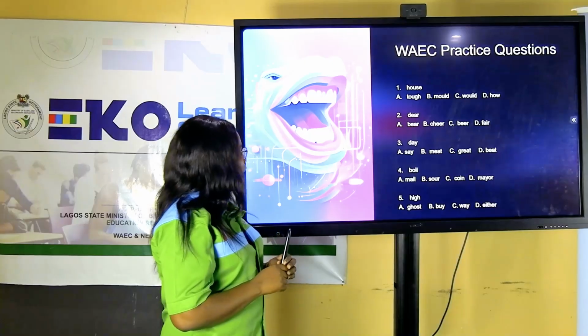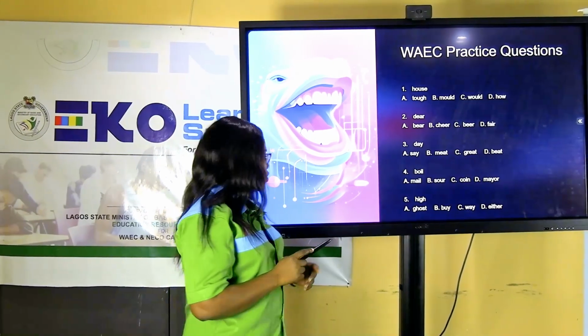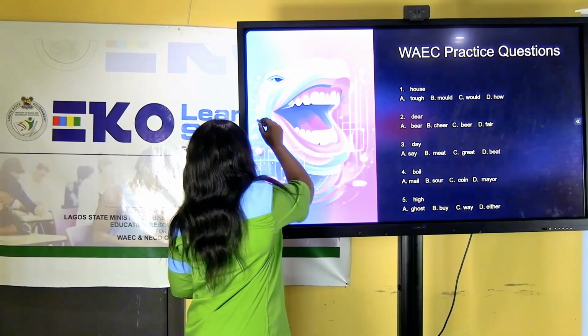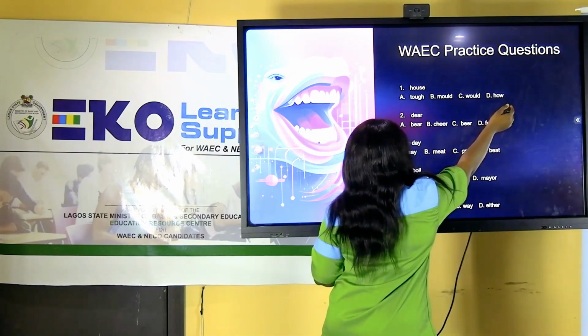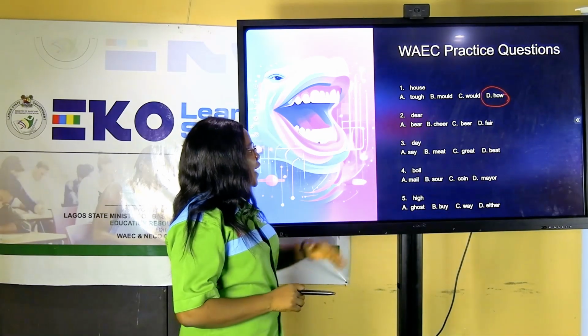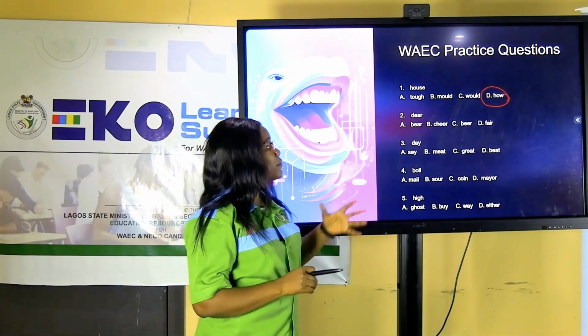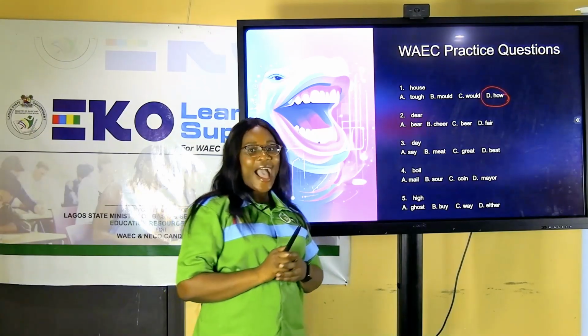Beautiful. Ow. What word has that sound? Of course, it's no other than option D, how. It can be tough, it can be mold, and it can be wood. So our answer is how.